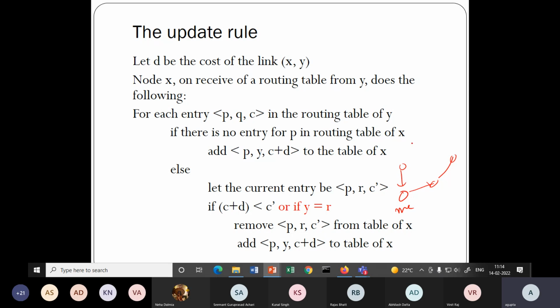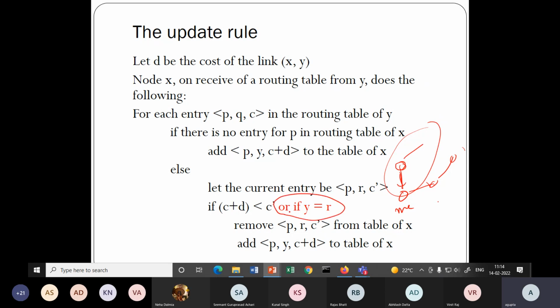I will look at the cost that I have in my table and the cost that it is advertising plus this link cost. If this comes out to be smaller, I will change my next stop from here to here, and I will update the cost. So this happens if the new route found is less costly than the route that I have.